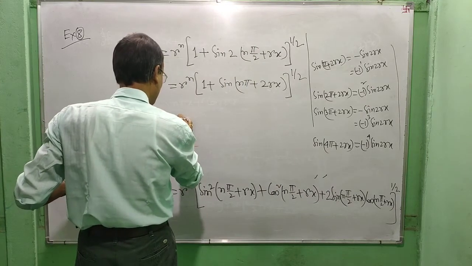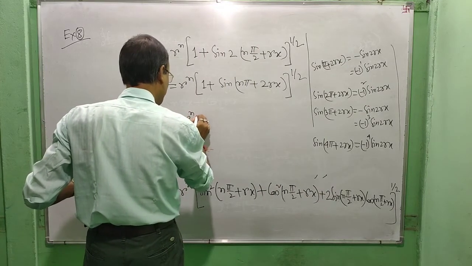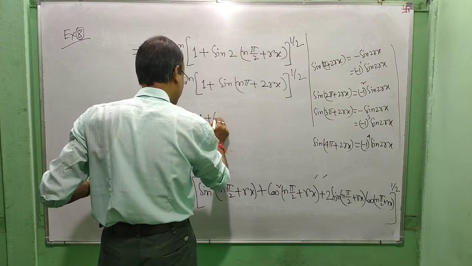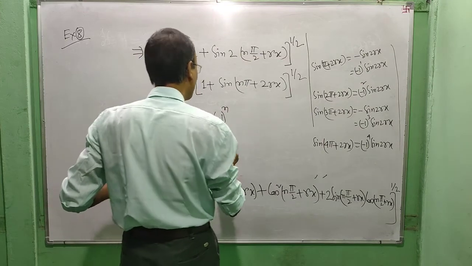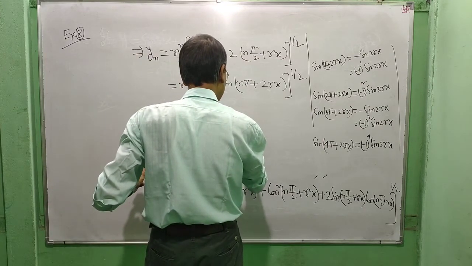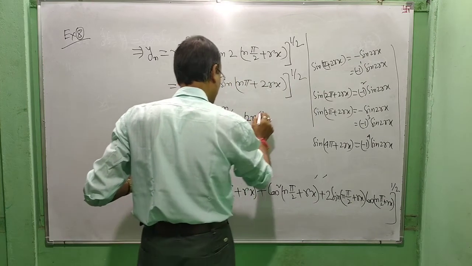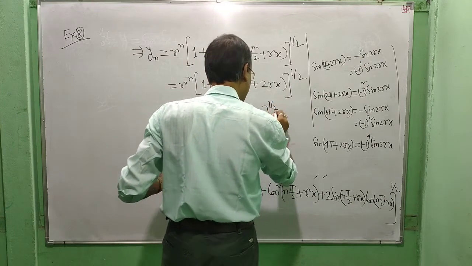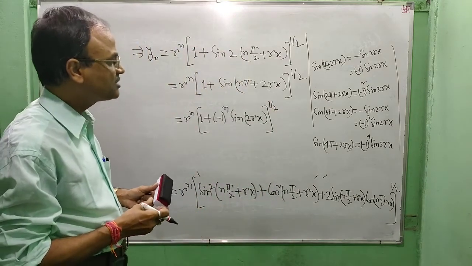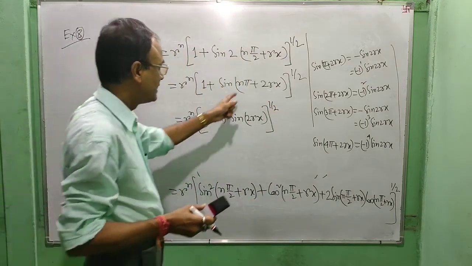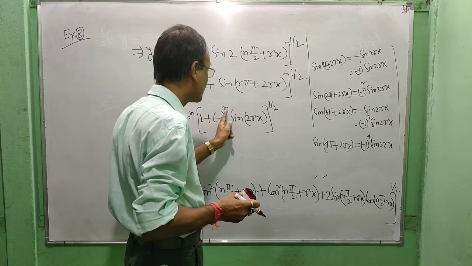Therefore, it will be equal to r to the power n (1 plus (minus 1) to the power n sin 2Rx) whole to the power half. It is n, therefore it will be (minus 1) to the power n.